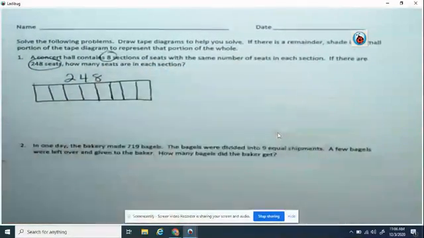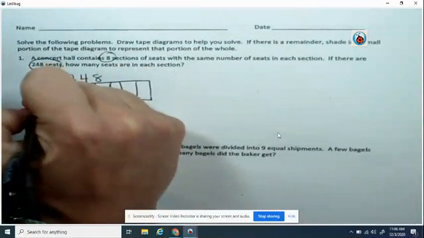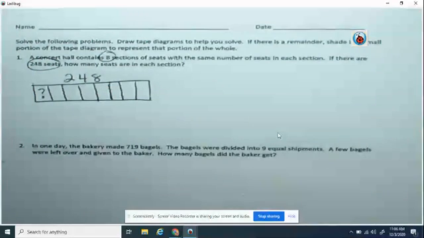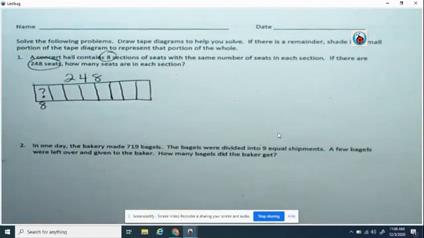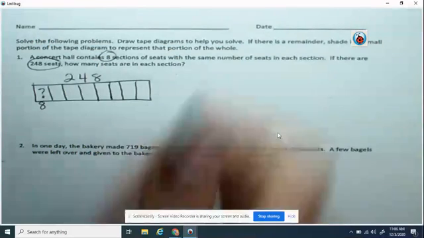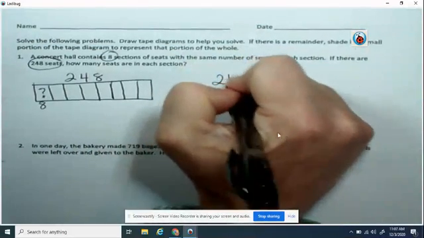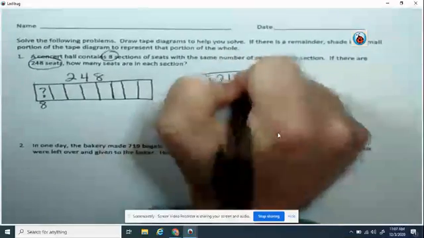All right, and so then now we have 8 sections, and the question is, how much is each section? Okay, so 248 divided by 8 is what? Okay, so I've got 248 divided by 8.